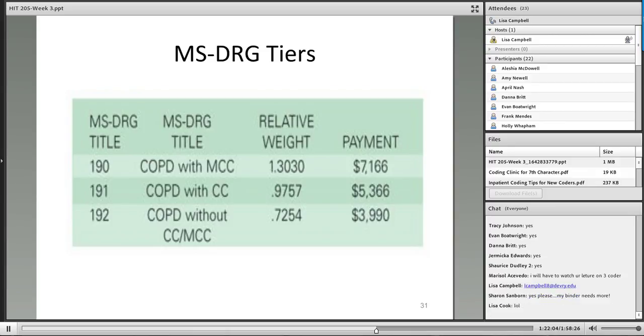So look at the pages before you print it out. I don't have mine printed out because the encoder tells me. All right, so you guys see now why it's important to select that principal diagnosis, why it's important to follow those guidelines.